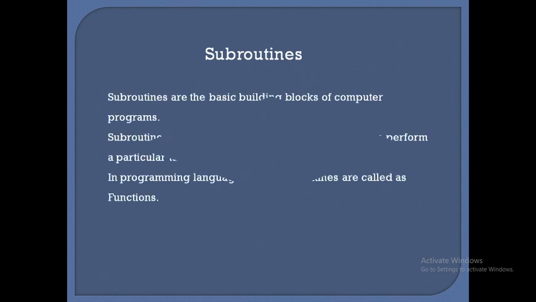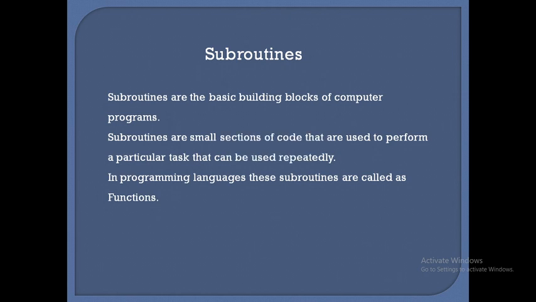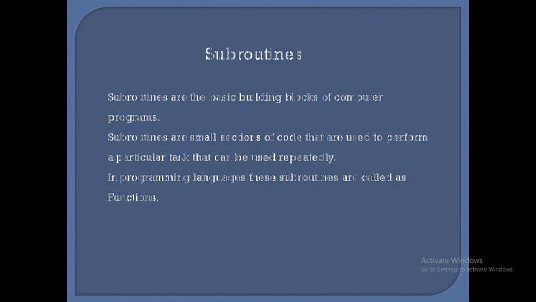So subroutines are the basic building blocks of computer programs. Subroutines are small sections of code that are used to perform a particular task and can be used repeatedly. These subroutines are called functions in programming languages. Next topic is function.